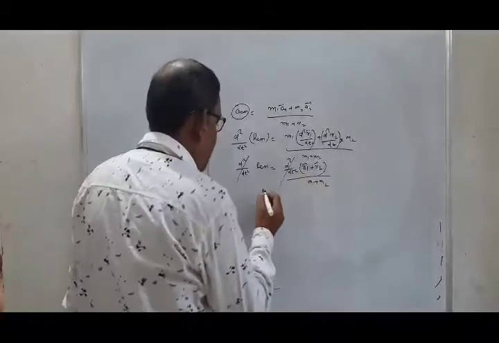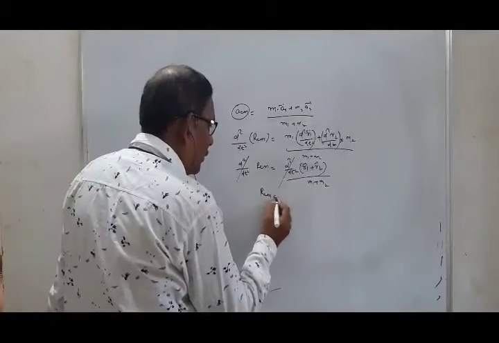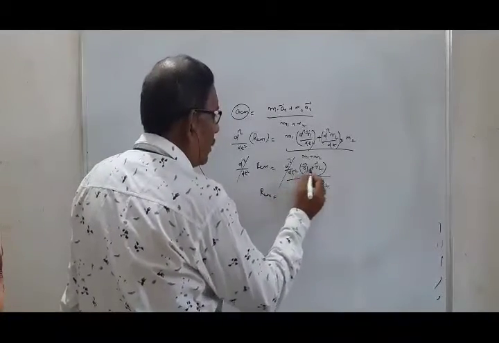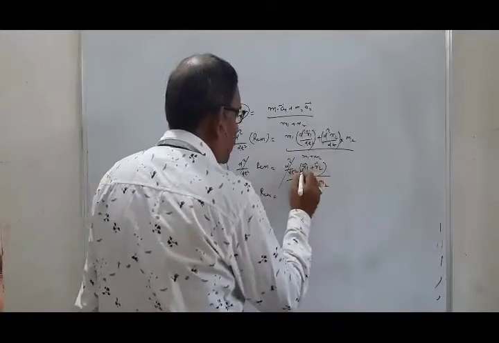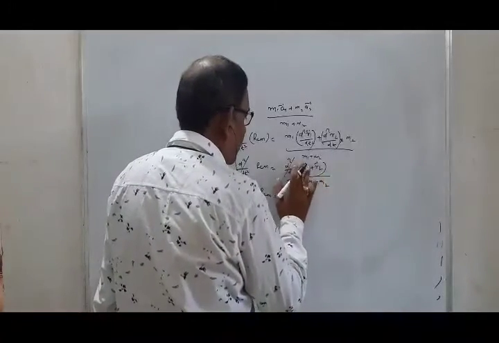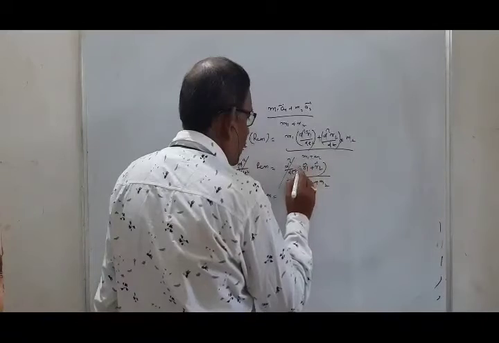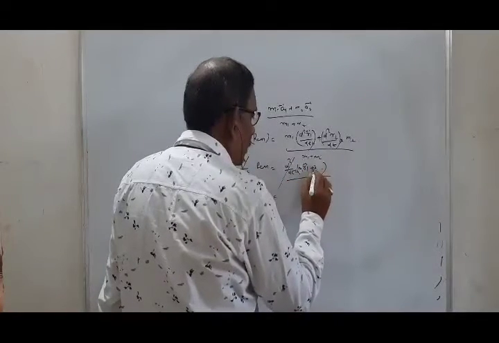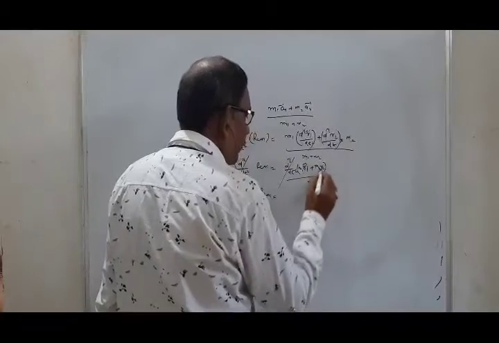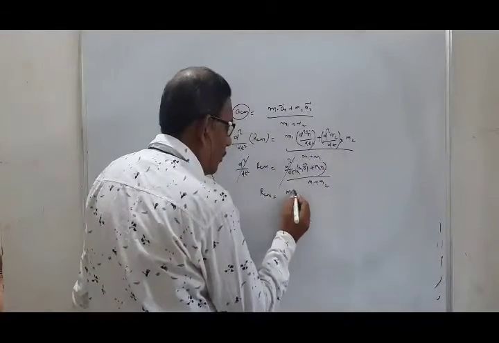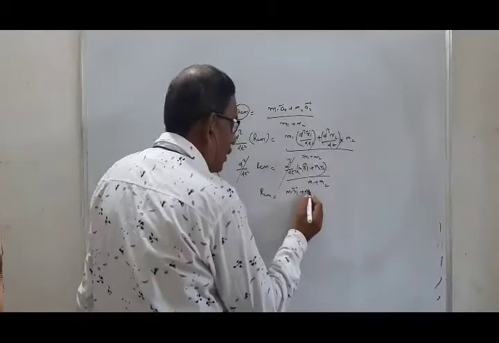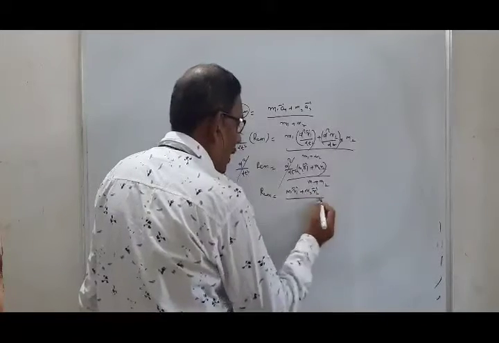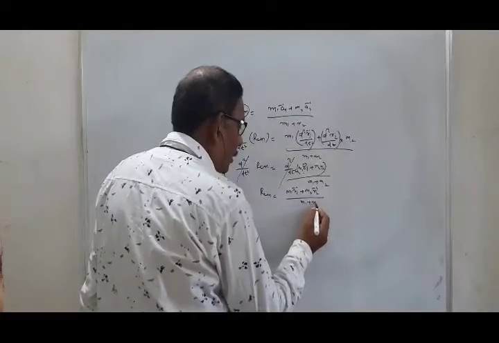Cancelling these factors, RCM is equal to M1 R1 plus M2 R2 by M1 plus M2.